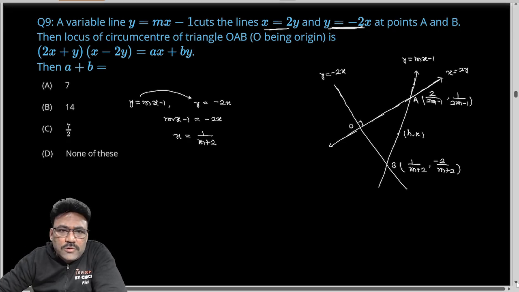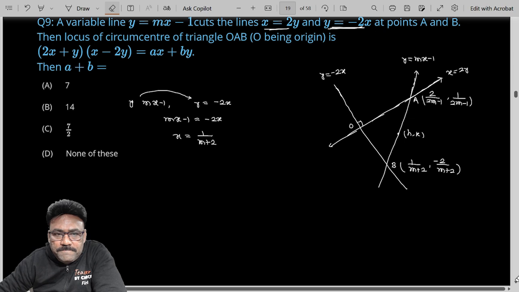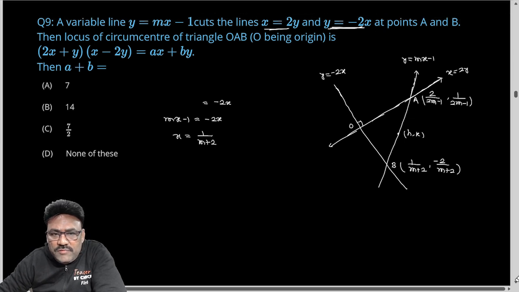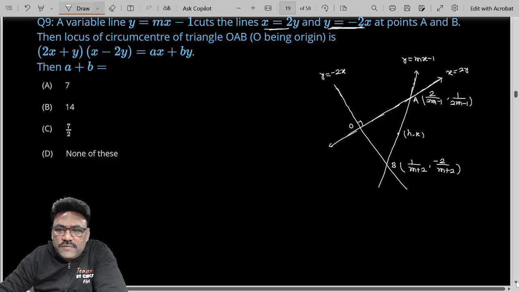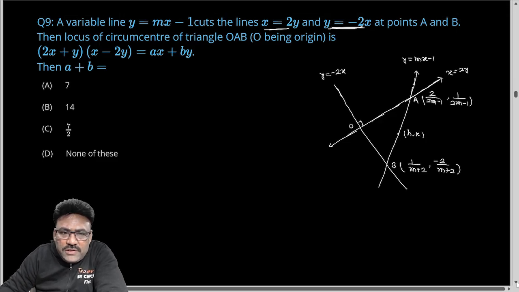So now I know the coordinates of A and B. h comma k is basically the middle point of AB, and this is the circumcenter of triangle OAB. So let's find h comma k. Using the midpoint formula, 2h is 2 over 2m minus 1 plus 1 over m plus 2.